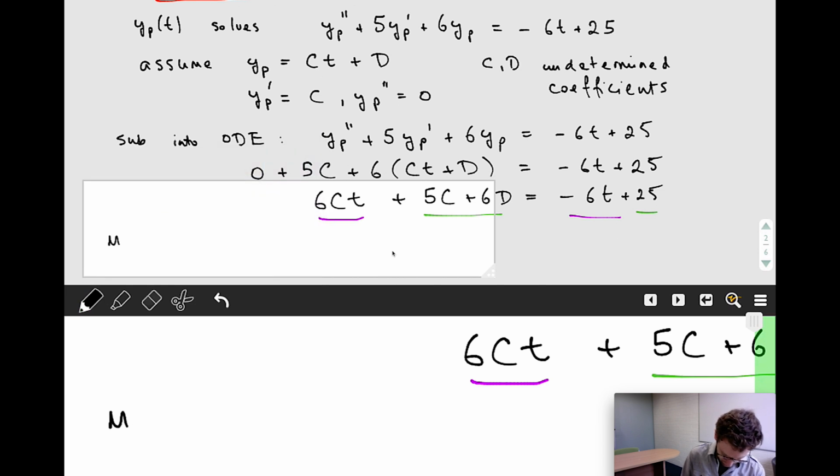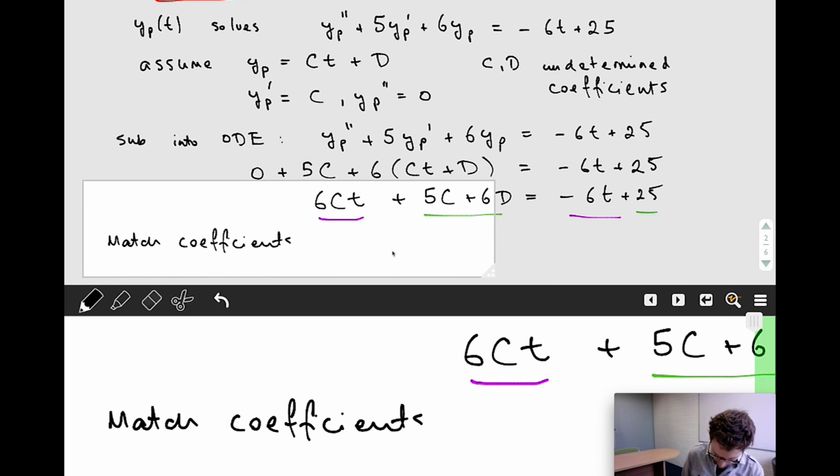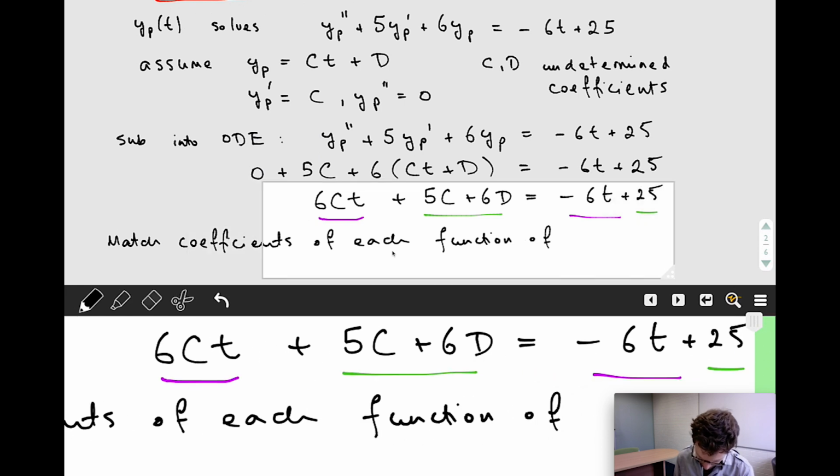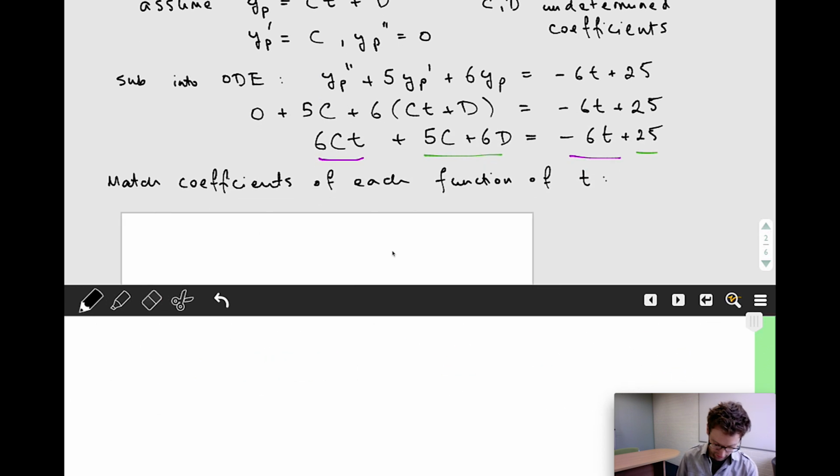So match the coefficients of each independent function of t. So you saw that there were two terms there. There was a function just t, something times t, and I had a constant.